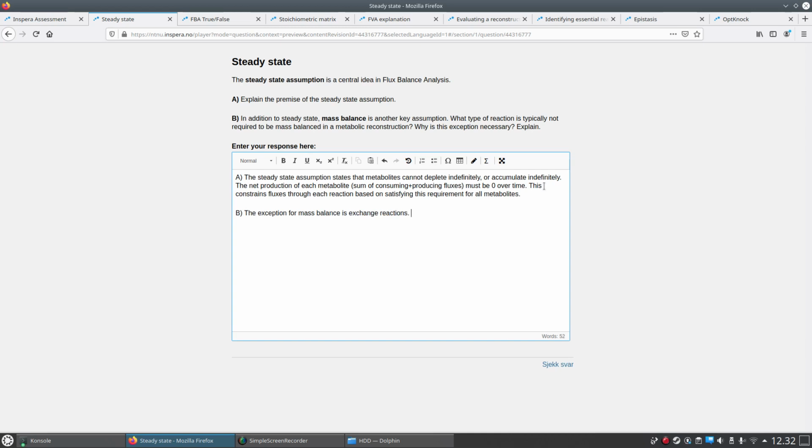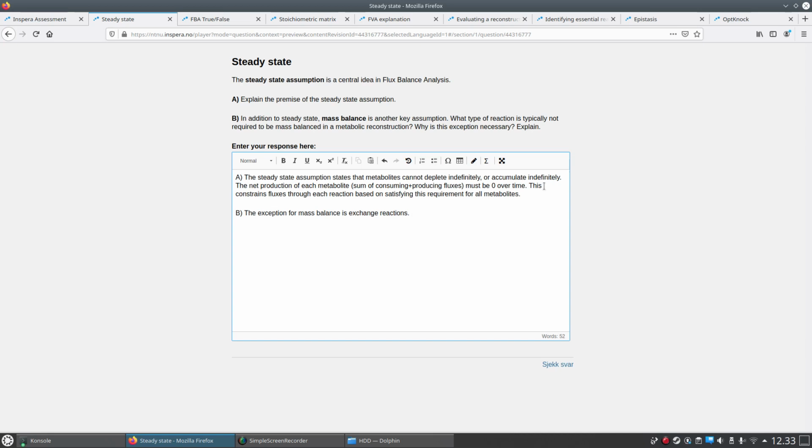Typically, exchange reactions are phrased so that they can import or create a given metabolite from nothing. This is necessary because if you're going to have growth and secretion, those things will leave your system and they have to go somewhere. If you're not going to allow anything to be created from nothing anywhere, then you're going to be stuck with a static system.